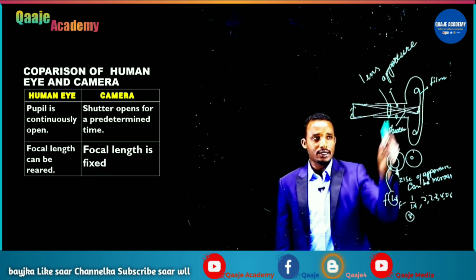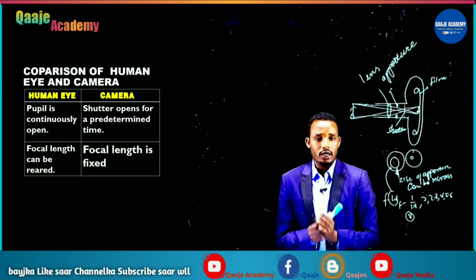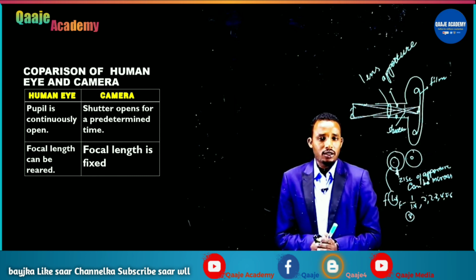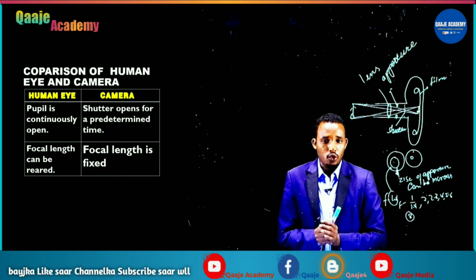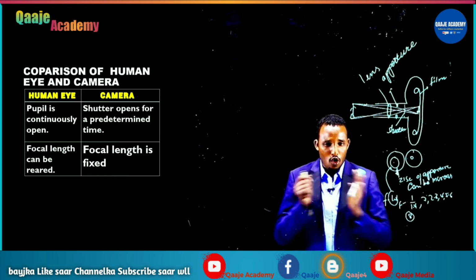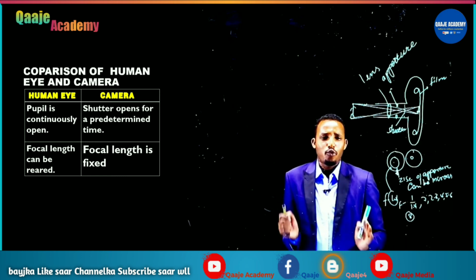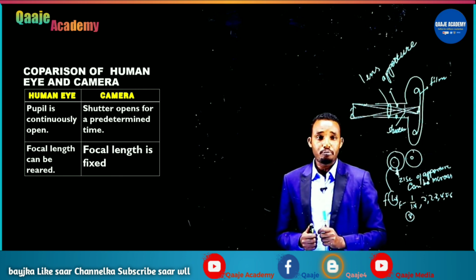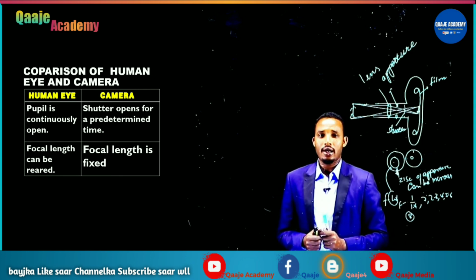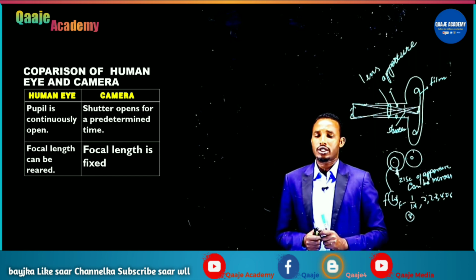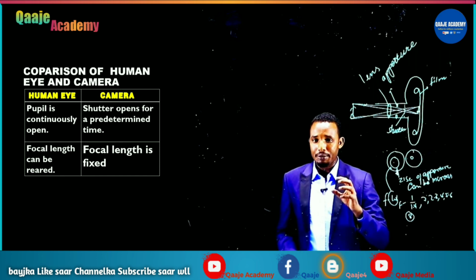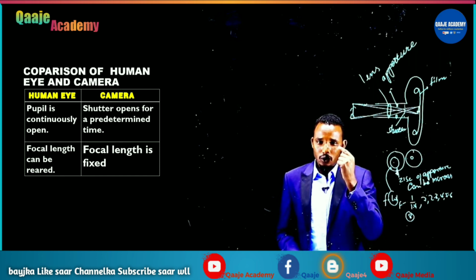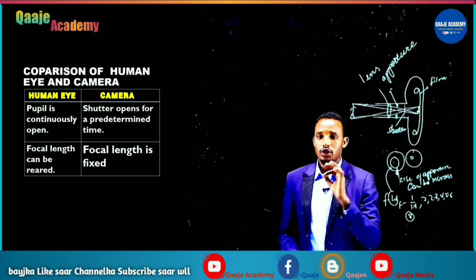Camerada shutterkaasi always is closed, but for a period of time when a photograph is taken the shutter opens. Waqti go'an buu furmaa, haddii kale ma furna. But in human eye the pupil is continuously open. Isha bini aadamka meeshan wiilka isha ama guraxa isho isagu waa iska furan yahay.